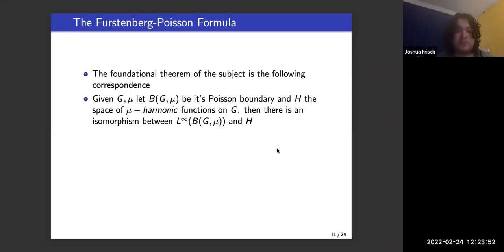But it turns out that if I look at the space of all L infinity functions on the Poisson boundary, where we're just thinking of it as a measure space, so I take some almost everywhere bounded function, then there's going to be a bounded harmonic function corresponding to it. And vice versa, if I have a bounded harmonic function, that'll give me some L infinity function on the Poisson boundary.